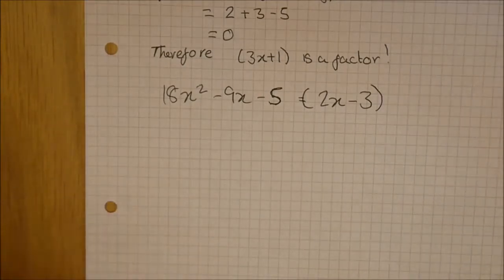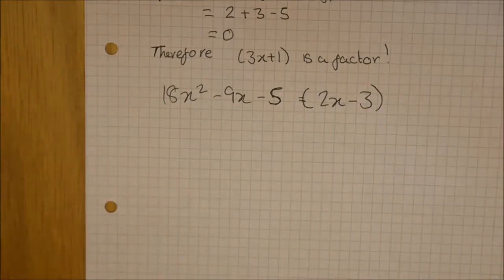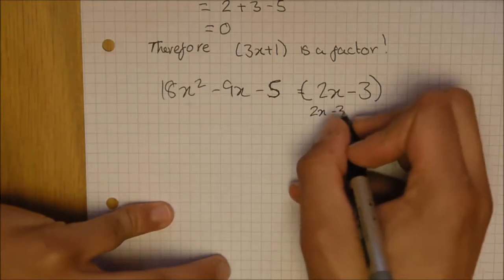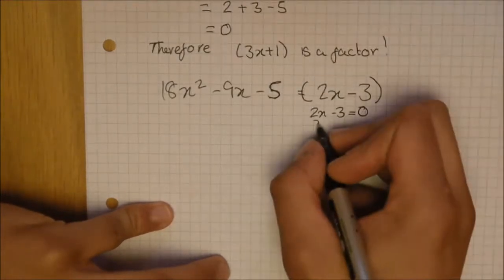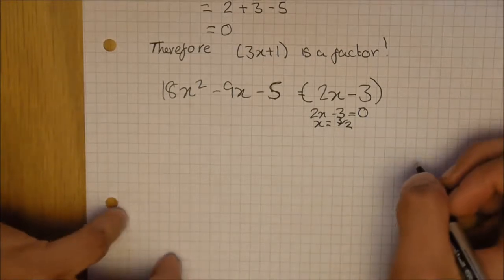We just know that it just won't go. We don't need to prove it because the question will say, using the remainder theorem, find out what the remainder is. So in this case we have 2x minus 3 equals 0, x will be equal to 3 over 2.